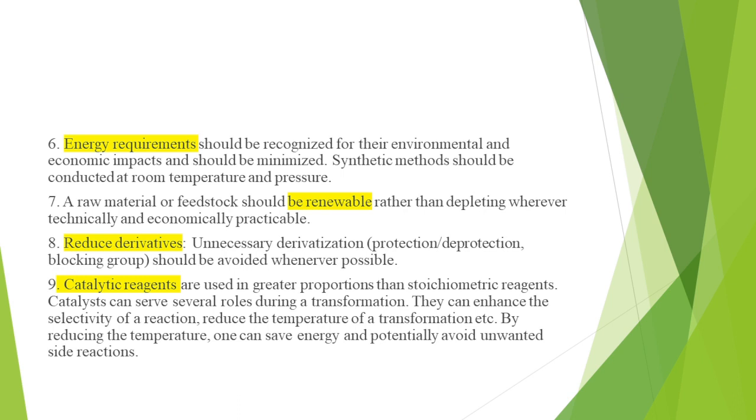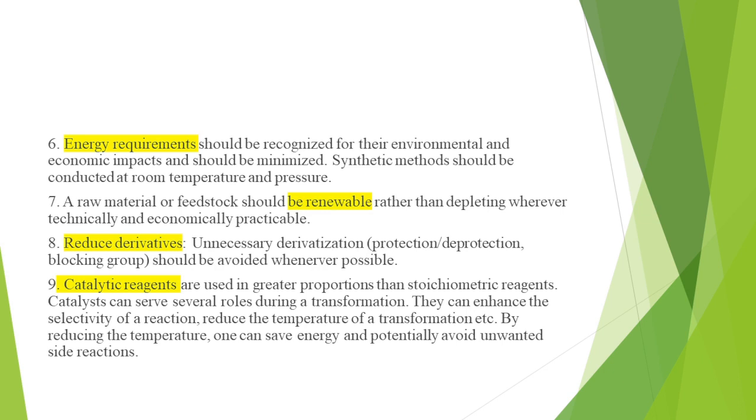Then the ninth principle, catalytic reagents are used in greater proportion than stoichiometric reagents. As you know, a catalyst can serve several roles while doing a reaction. They can enhance the selectivity of the reaction, reduce the temperature, and so on.